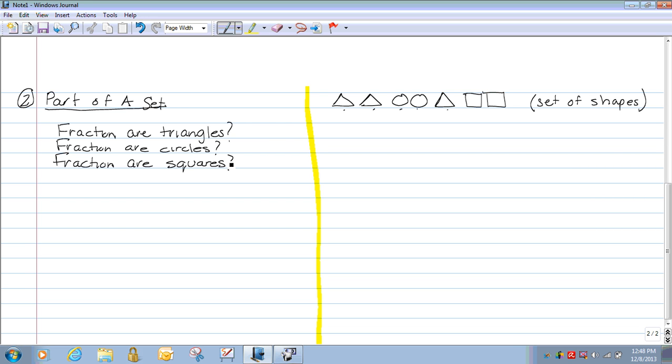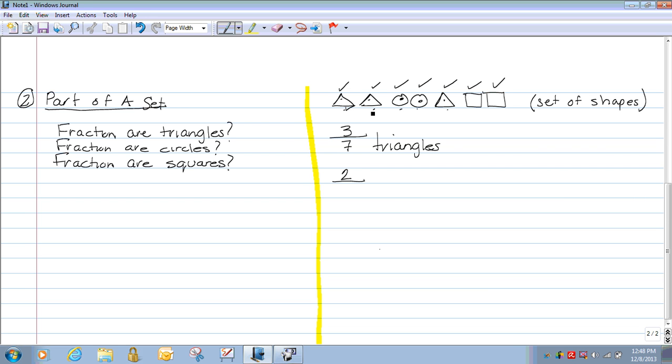If I count up the triangles, I have 1, 2, 3 triangles. That's how many parts. And I have 1, 2, 3, 4, 5, 6, 7 total shapes. So my fraction would be 3/7 are triangles. For circles, I count how many circles there are. That's 1, 2 circles, so that goes in my numerator.